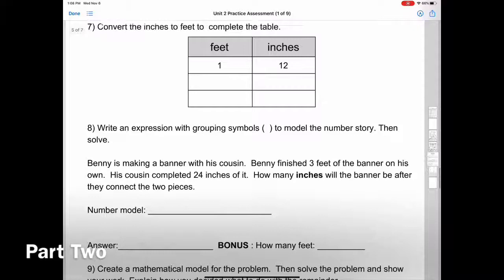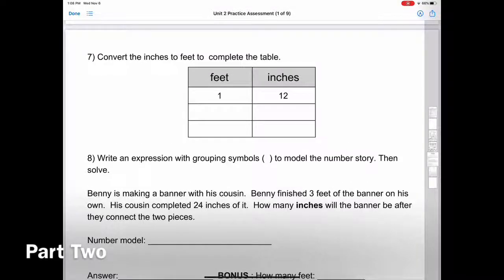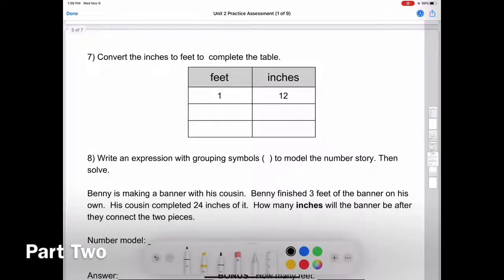All right. We are going to number 7. And what I told you to do as soon as you got to your table is you add the feet. You're going from 1, 2, 3 feet. And who can tell me how many inches would be in 2 feet?